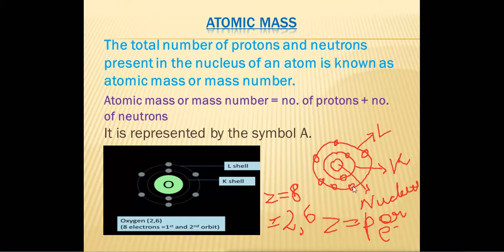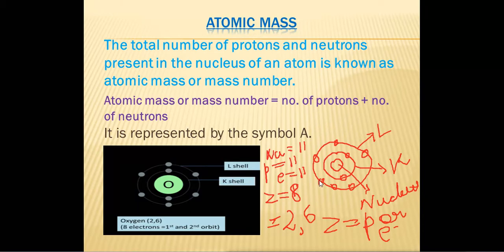Suppose in the question you get that the atomic number of sodium is 11, and it is asked how many protons and how many electrons are present in sodium. If the atomic number is 11, then the number of protons is also 11. If the number of protons is 11, the number of electrons is also 11, because in an atom the number of protons is always equal to the number of electrons, meaning positive charge is always equal to negative charge.